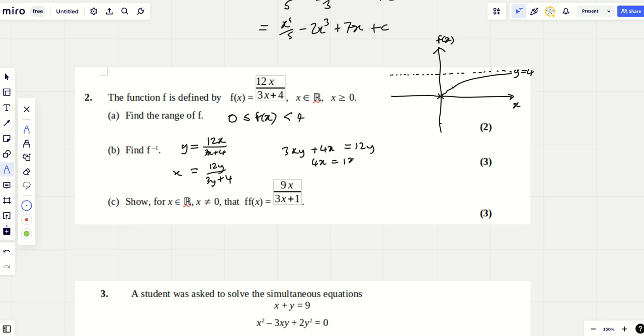Oh, I've written 12x. 4x equals 12y minus 3xy. Now I factorize it, so I get 4x equals y times 12 minus 3x, and hence y is 4x over 12 minus 3x. Now make sure at the end you tell the examiner that's the inverse function, or they won't give you the mark. You've got to tell them this is the inverse function, 4x over 12 minus 3x.